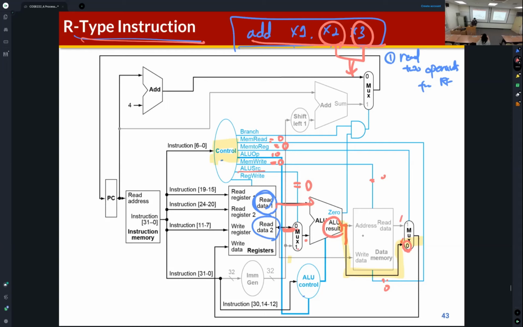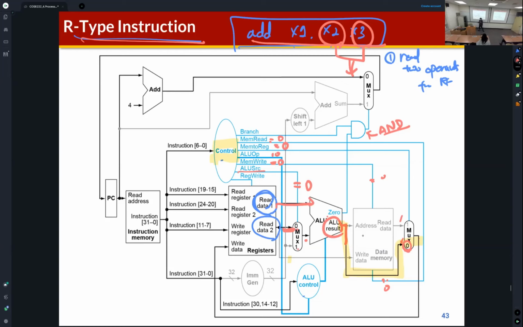And then how about branch? It's simple. This branch signal is connected to this AND gate. And also another input of this AND gate is connected to the 0. It's simple. So this control signal indicates whether the instruction is a branch instruction.